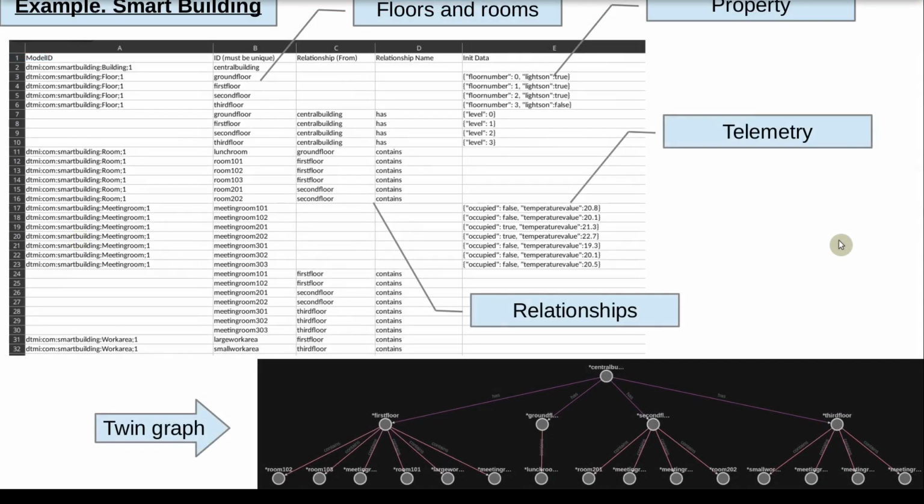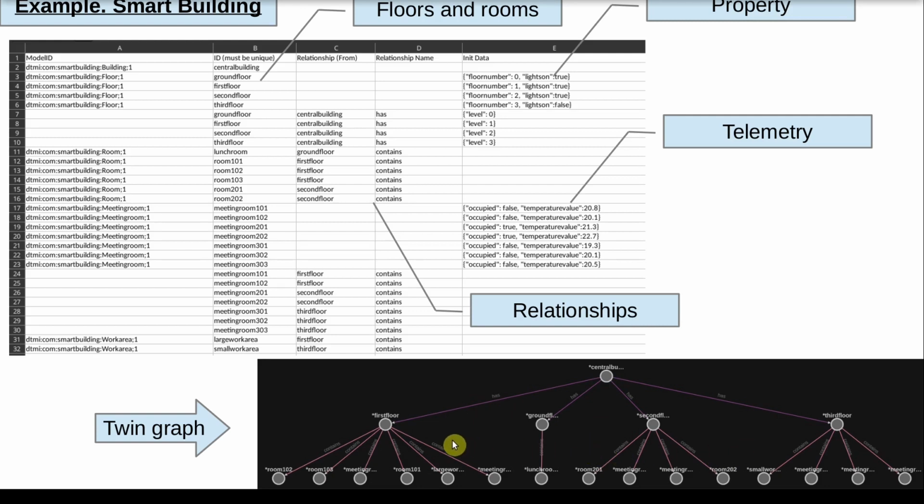As a last example, we can consider the context of digital twins, for example those representing a smart building. Here we have a small instance where we have a central building that has 4 floors.